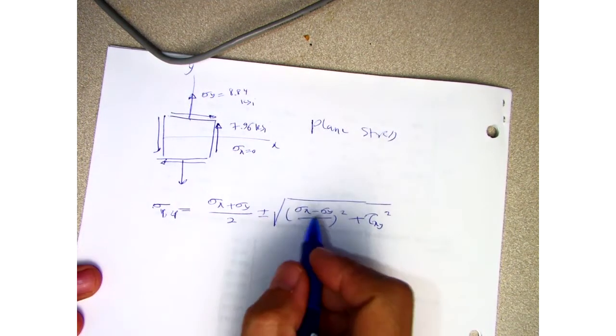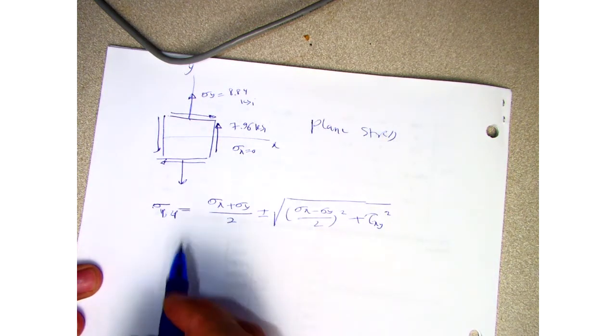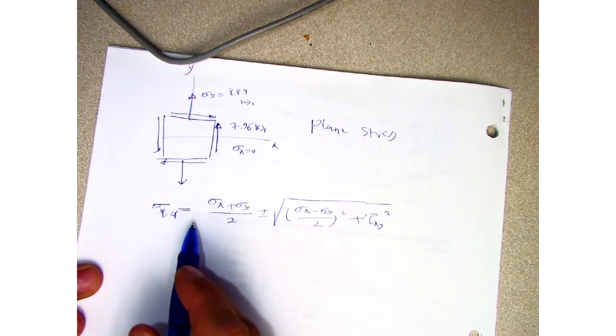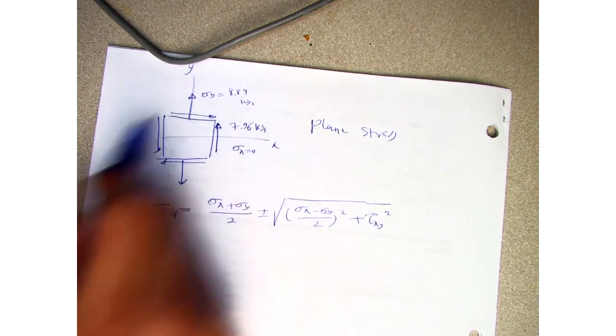So plugging numbers into this formula is going to give you your first principal stress and second principal stress on the plane of xy.